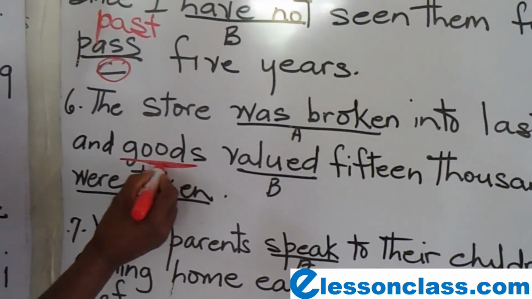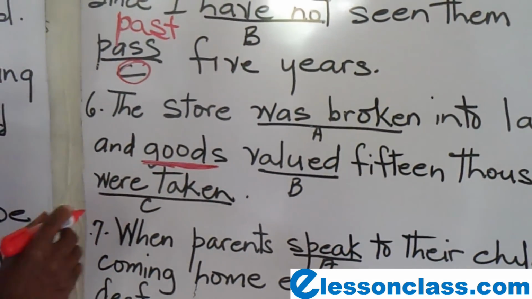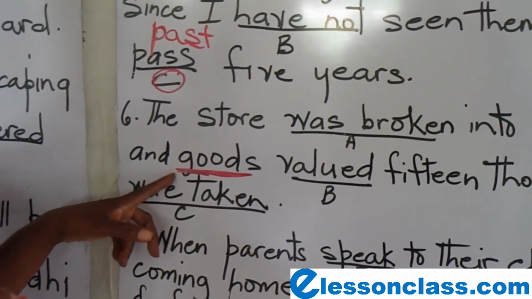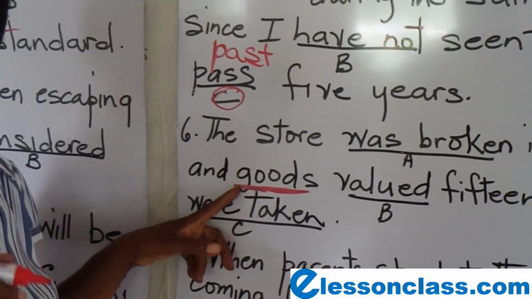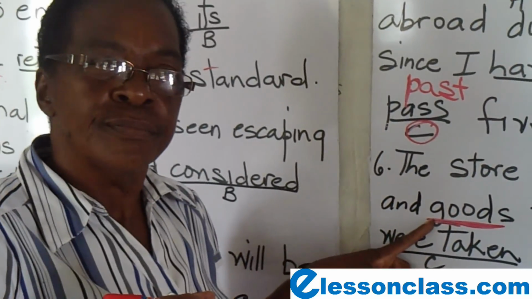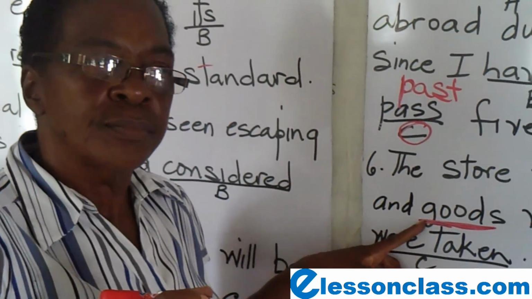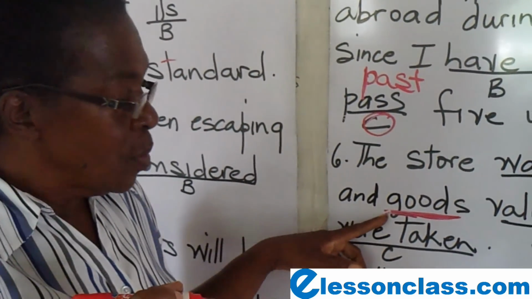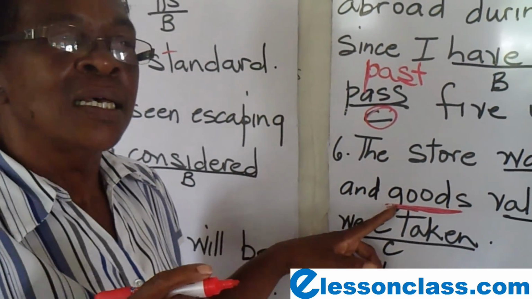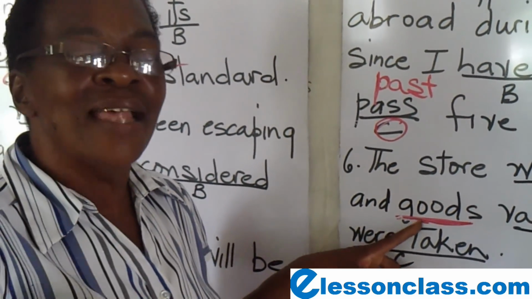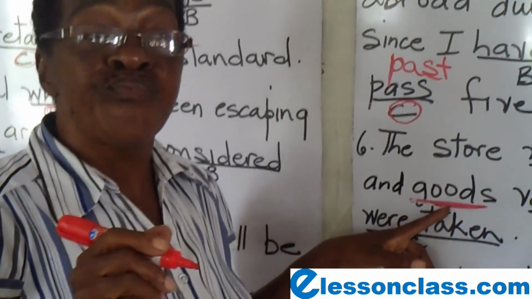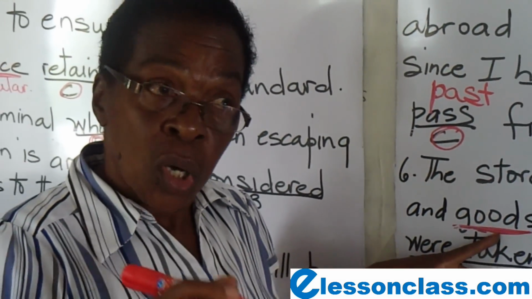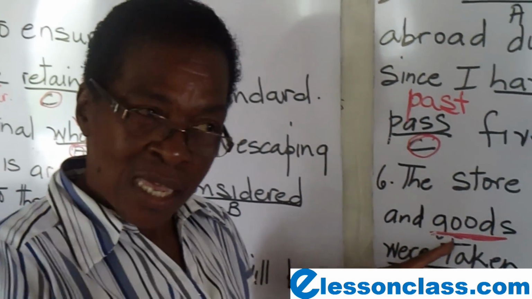Now, although goods ends with S, it is a singular word. Right? It's a singular word. The word goods is like the word news. News also ends with S, but it is singular.